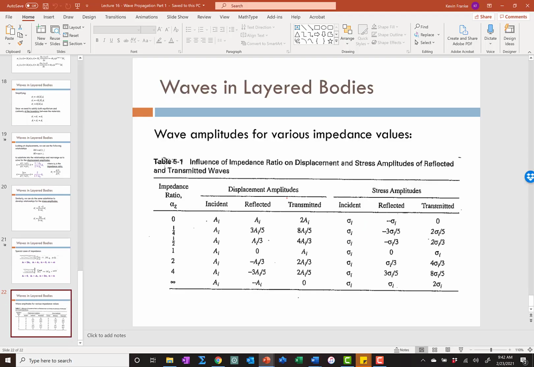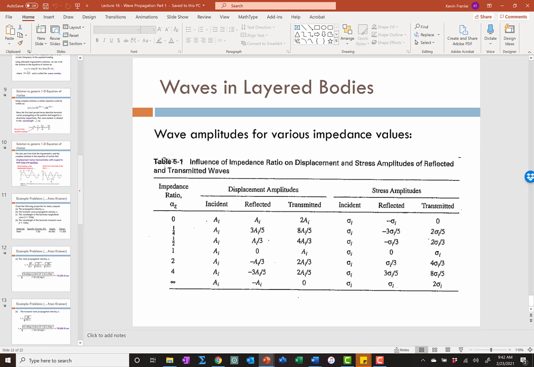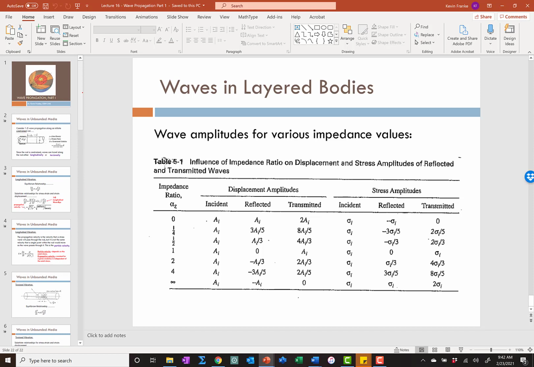And we'll be dealing with that in a future lesson. But for the time being, I hope you enjoyed this introduction to how we can calculate and quantify waves in terms of displacement and stresses as they travel through different media.